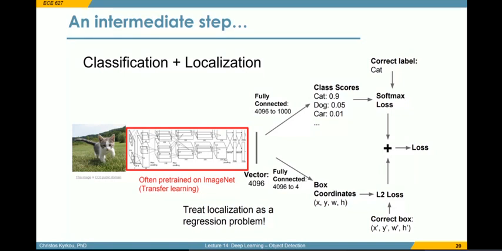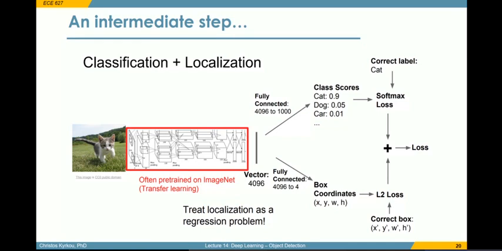For this, we can add another head at the end of the network to predict these values in the same way that we do with classification. And we combine these two into one single loss and train the network end to end.